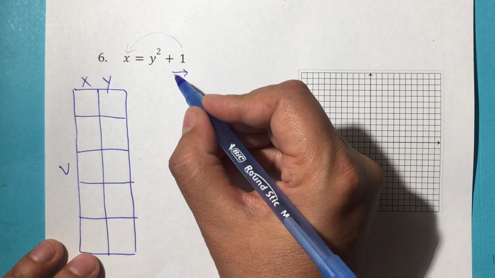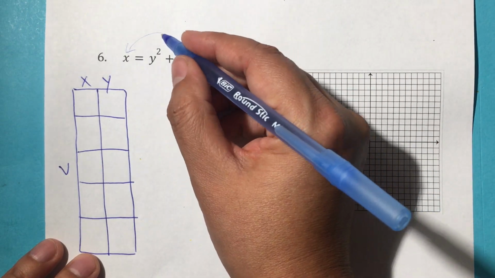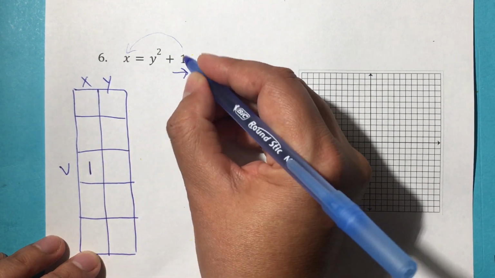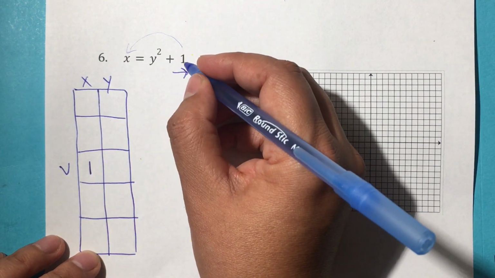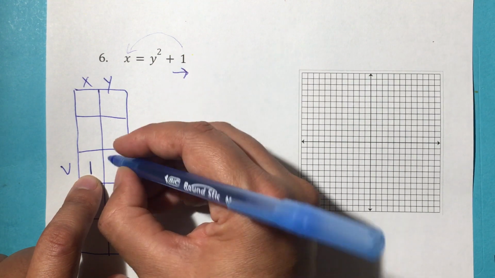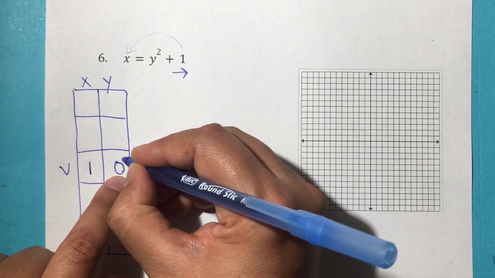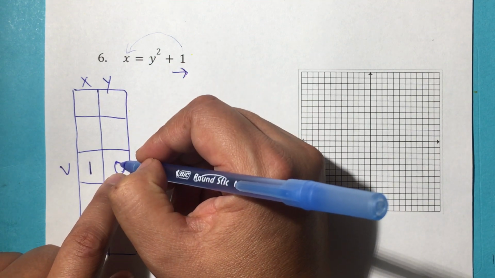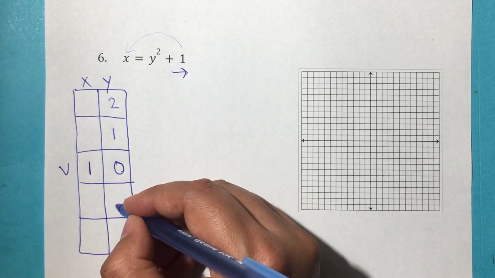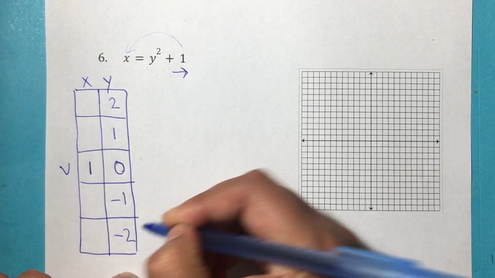And for this one, it's going to the right because it's related to x. So 1 on x, the way it is, if it's outside of the parentheses. Nothing is being subtracted or added to y, so that's going to be 0. Again, we're going to be giving values to y, so +1 is 1, +2 is 2, and then below is going to be -1 and -2.